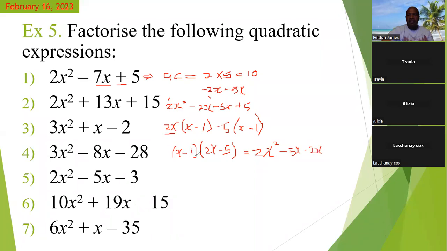And then now we have -1 times -5, negative times negative give you +5. Now we simplify the middle by adding these like terms. They are both negative, so we add them negatively. So we get 2x squared minus 7x plus 5. Right? And that's what we're supposed to get because that's what we factorize in the first place.